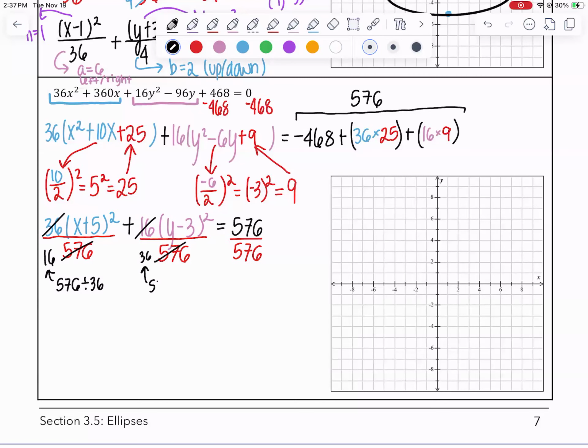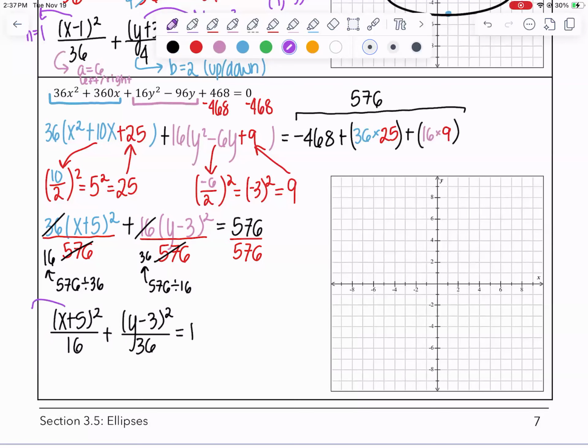That's what you get when you do 576 divided by 16. So we have x plus 5 quantity squared over 16 plus y minus 3 quantity squared over 36 is equal to 1.